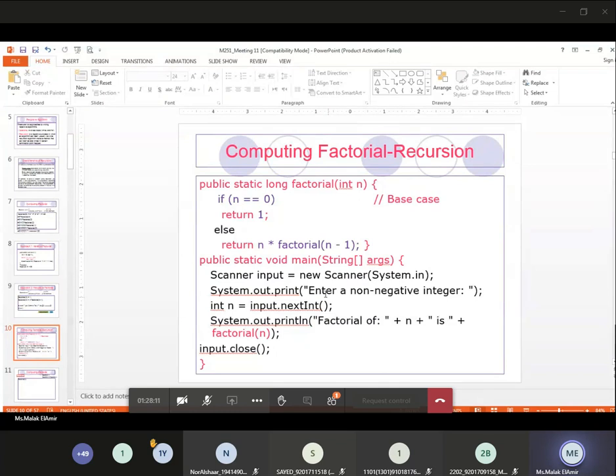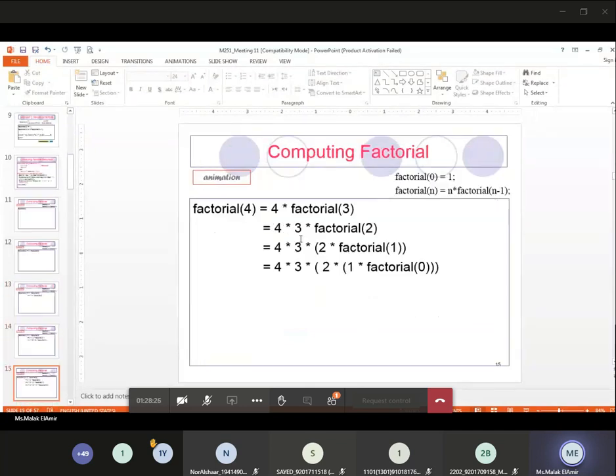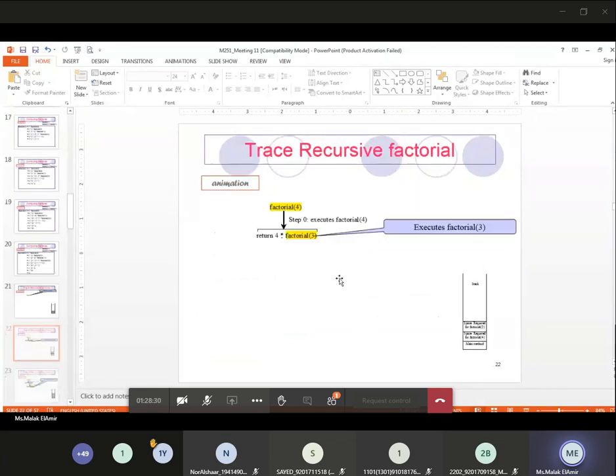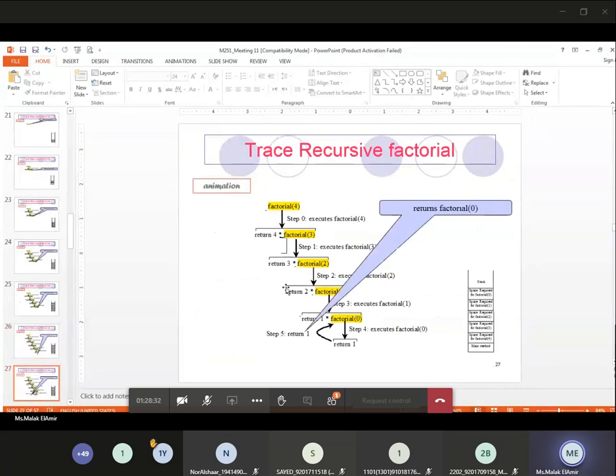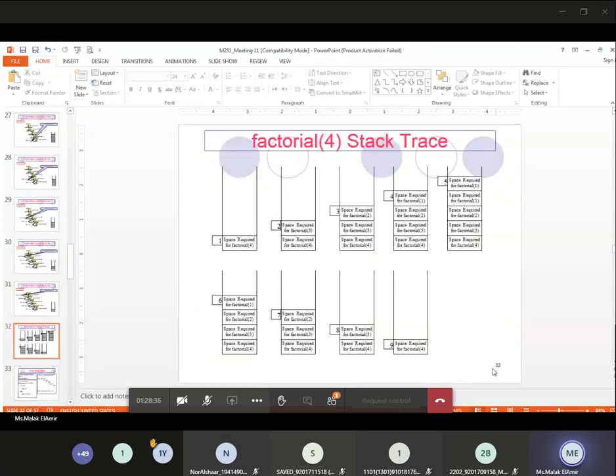Okay? You have to know how to write the code in an iterative way. You have to know how to write the code in a recursive way, how to go through the example by writing the results yourself, or draw the results as a tree, or use it as a stack.